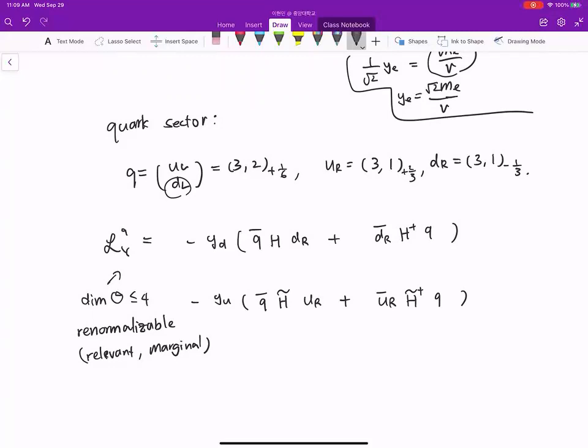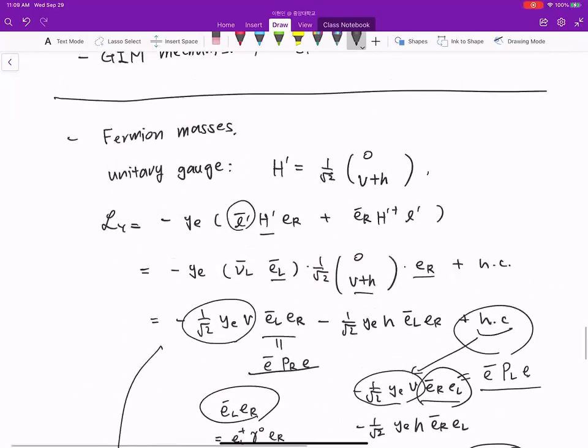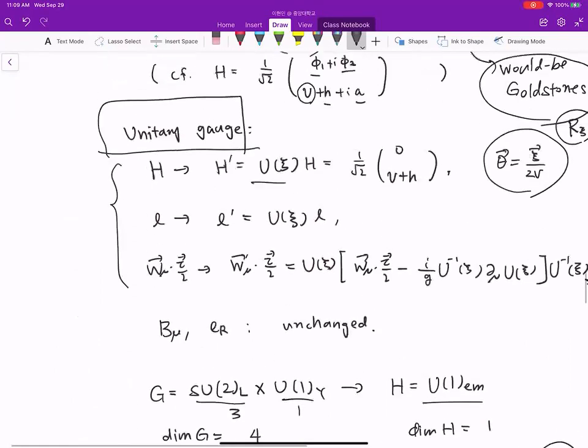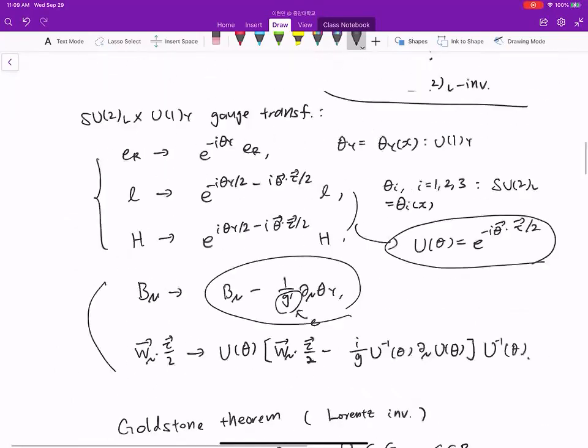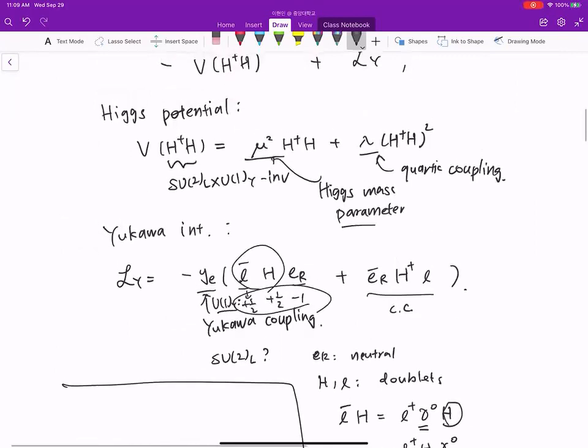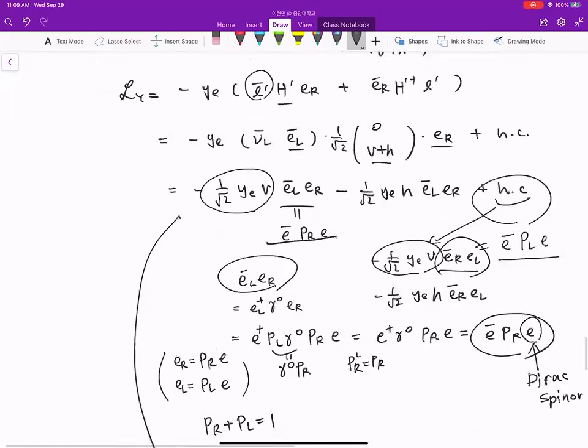So you can check the hypercharge here. Quark doublet plus 1/6, so minus for the conjugation, minus 1/6. What was the Higgs hypercharge? Plus 1/2, right?